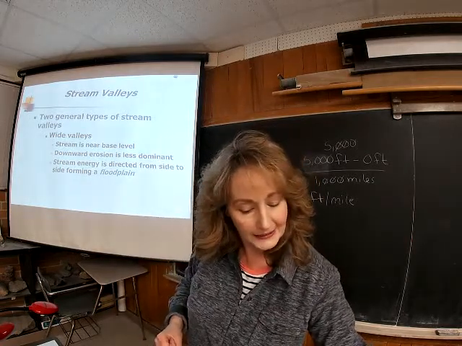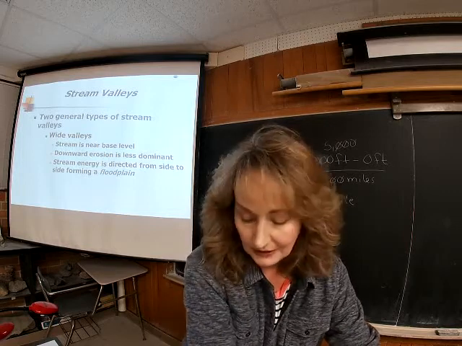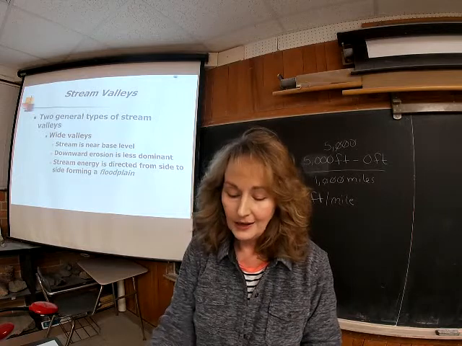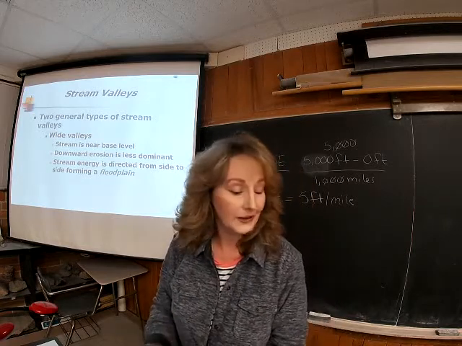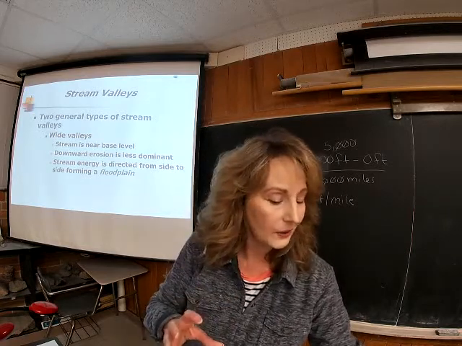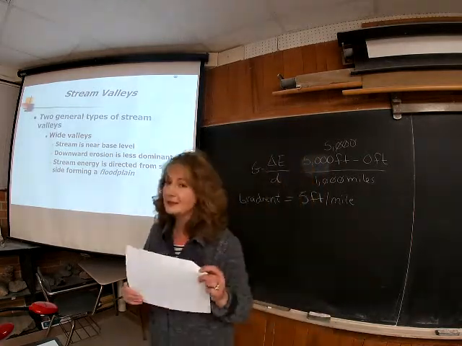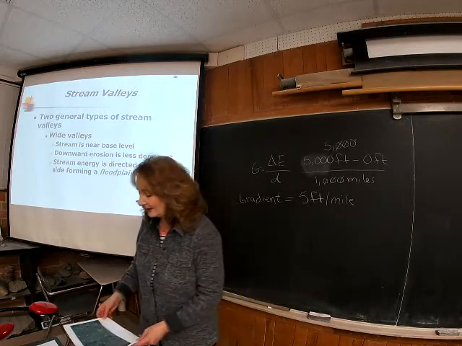Let's see, I think I had a picture of the Mississippi, with barriers on each side, the walls of that wide stream valley. Of course, the Mississippi going down and along there.